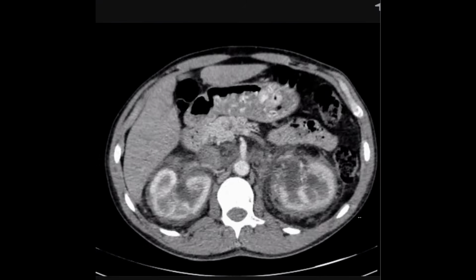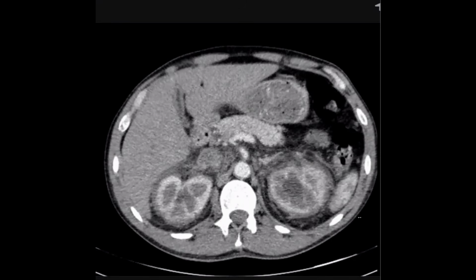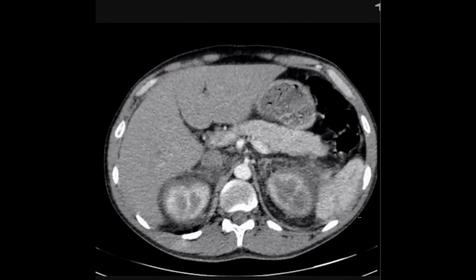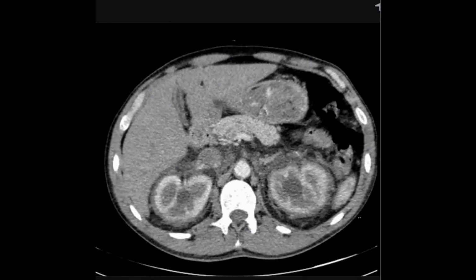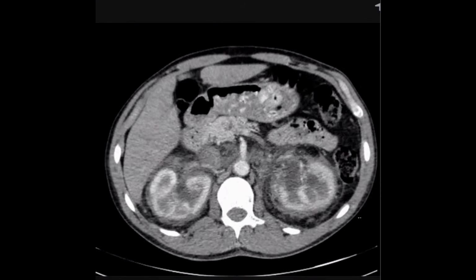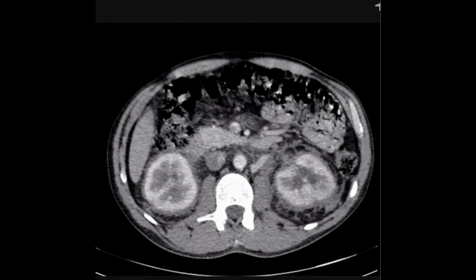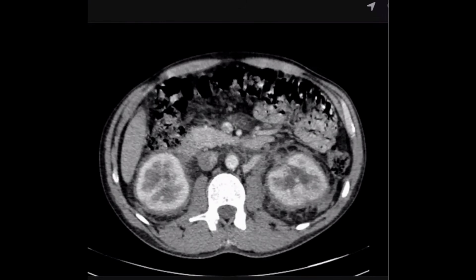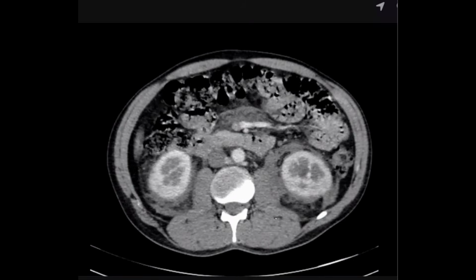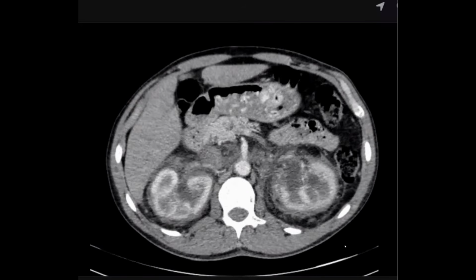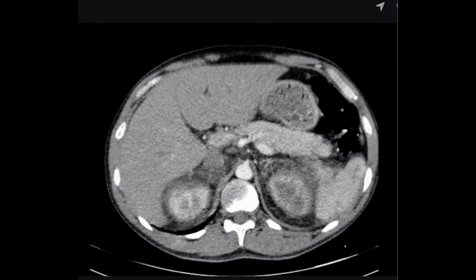These are axial images of the CT abdomen in the portal venous phase, in which I can appreciate that bilateral kidneys show moderate hydronephroureter. I can also appreciate fat stranding along bilateral kidneys in the perirenal space.